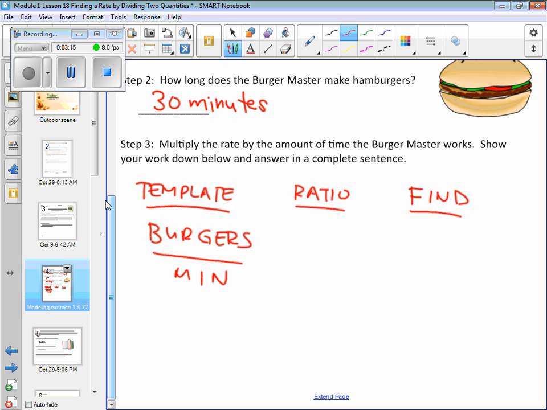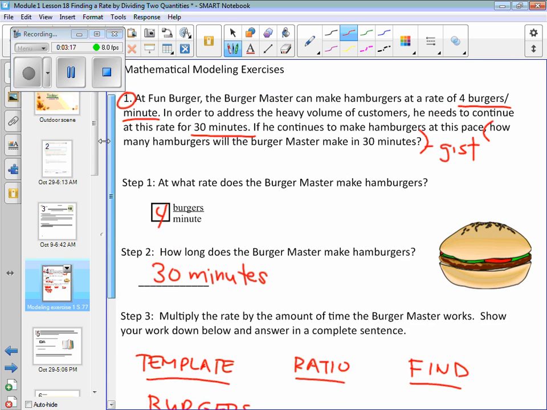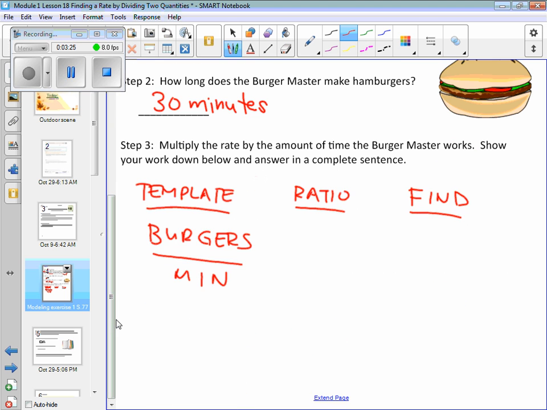So we'll go to the first VIP, which was the given rate. And we have 4 burgers per minute, right? Since we've established burgers as being the top, in the ratio column, it's 4 burgers per 1 minute.